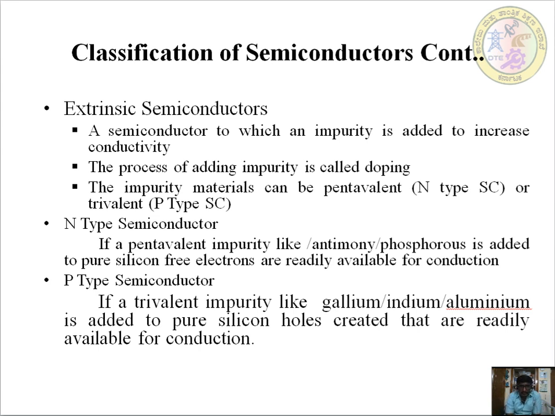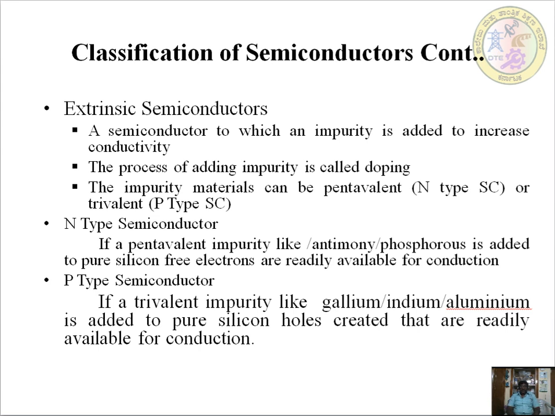Next, see here. How will you differentiate an n-type semiconductor from a p-type semiconductor? In n-type, if a pentavalent impurity like antimony or phosphorus is added to pure silicon, free electrons are readily available for conduction.